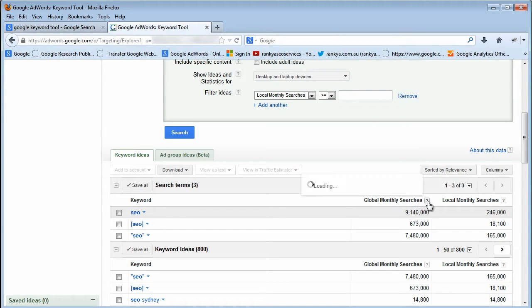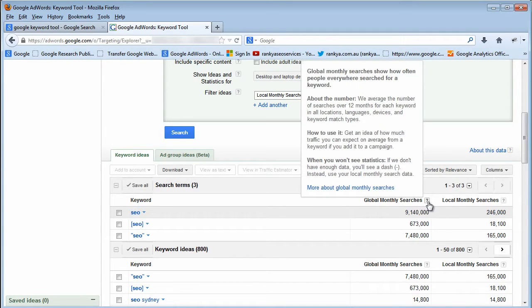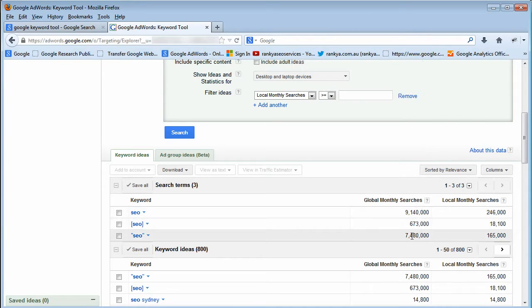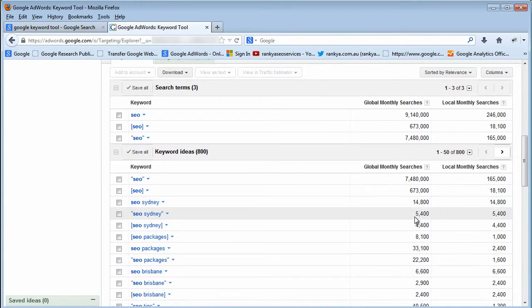Global monthly searches, this is how it works. This is for 12 months: all the data that Google has over the past 12 months, combined and then averaged into a month. That's what you see here, because you will come across global monthly searches and local monthly searches, and they will be different.